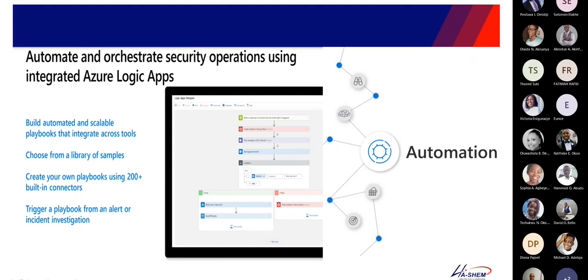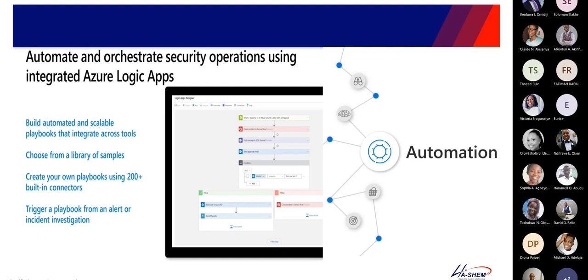Automation works on playbooks, and playbooks run on Azure Logic Apps. Azure Logic Apps are like Microsoft Flow, where you can set actions so that if a particular event occurs, it does this thing.